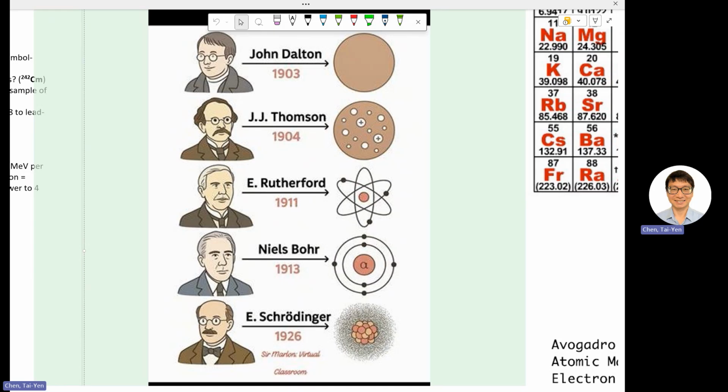Up to now we still use this theory, and we use probability to describe where the electron will show up with respect to the center of the nucleus.